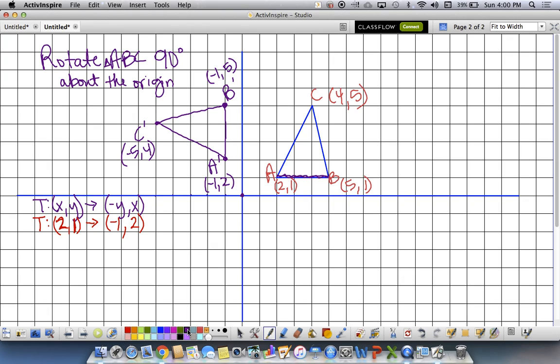Now, could I ask you a question? If I had said turn this 270 degrees clockwise, or rotate 270 degrees clockwise, this is where I have to be visual. And then about the origin.